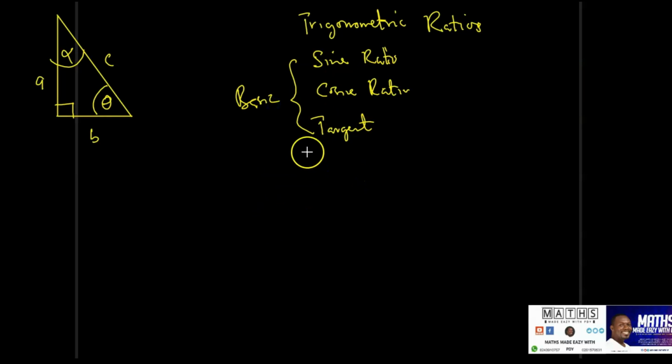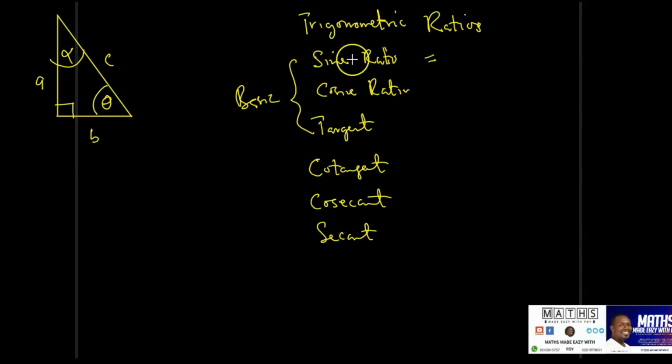And then we have the other ones, which are cotangent, cosecant, and secant. So these are the other trig ratios, but the basic trig ratios are 3. Therefore, what is the definition of the basic trig ratios?